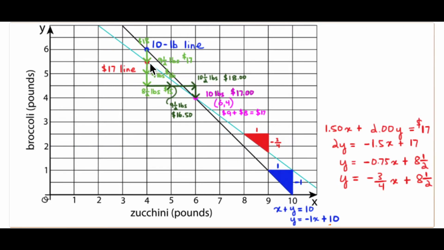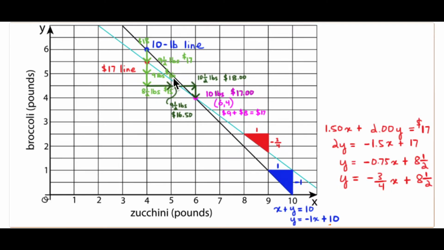And down here on the $17 line, I'm going to add a pound of zucchini, but I'm going to subtract 3/4 of a pound of broccoli because that's equal to $1.50. So I add a pound of zucchini, that's adding $1.50. I'm subtracting 3/4 of a pound of broccoli, so that's subtracting $1.50. And notice this difference right here is 1/4 of a pound.